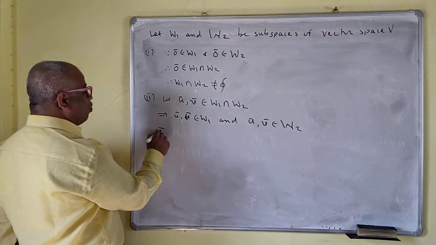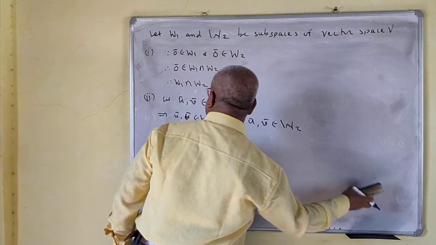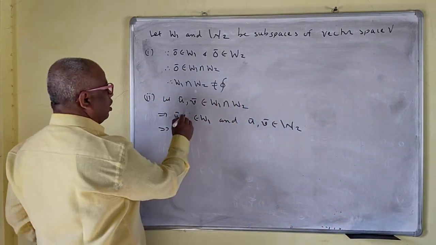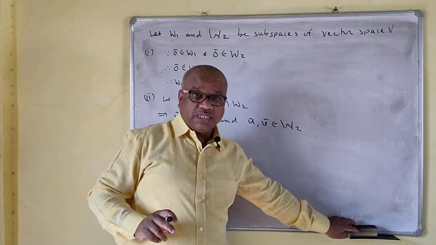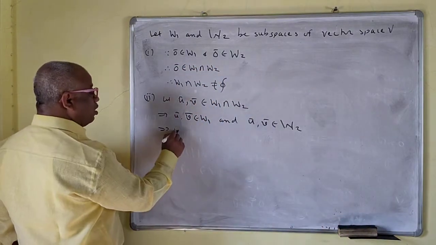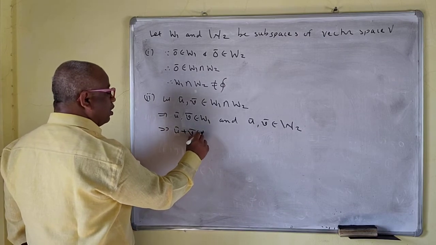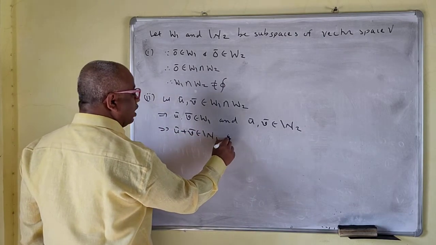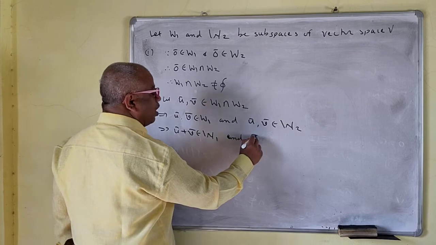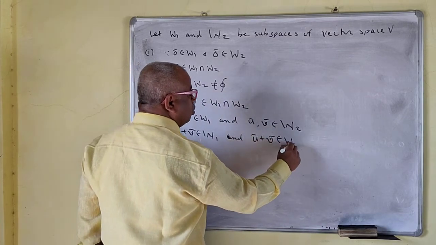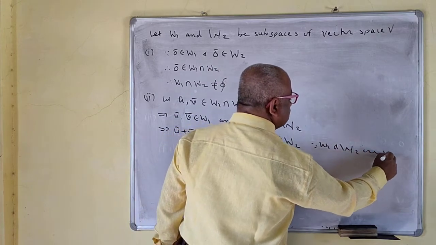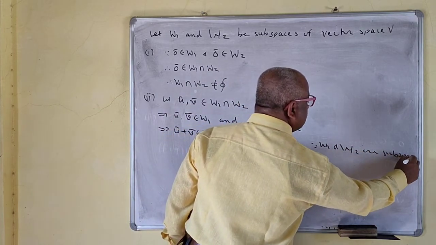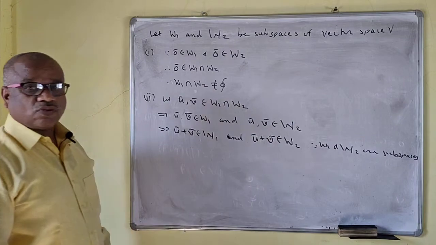Therefore U bar plus V bar belongs to W1 and U bar plus V bar belongs to W2, since W1 and W2 are subspaces.